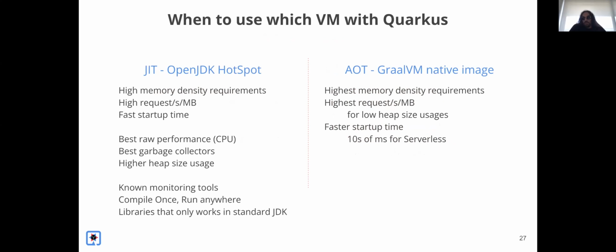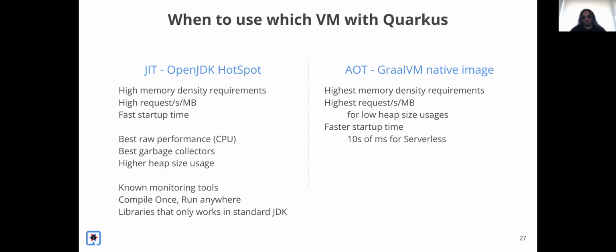Okay, so you may be wondering, that's great, you're able to run Quarkus on both a JVM or a native image. So where should I run one or the other? At least for now, of course, GraalVM is improving every day.